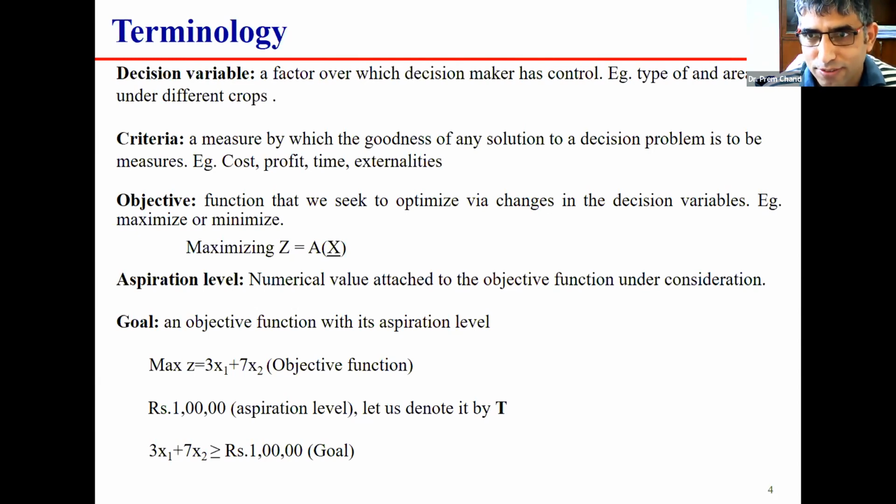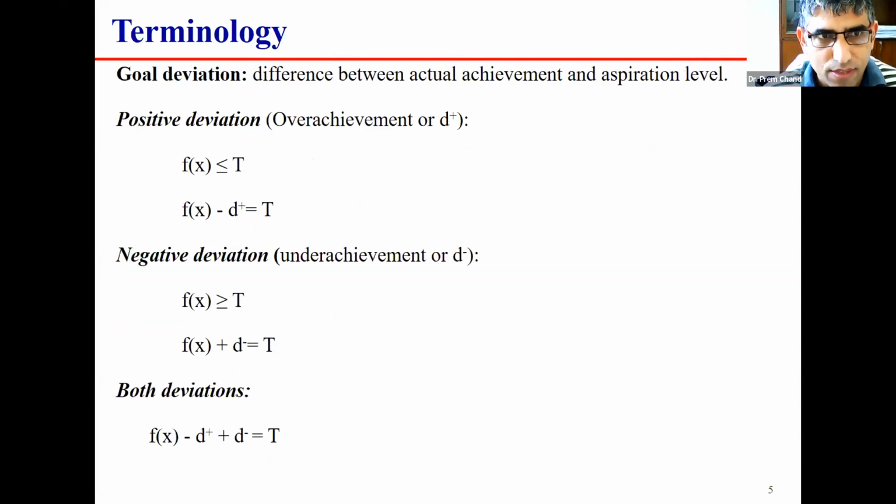But how to solve this? Because the computer doesn't understand any inequalities, we have to express it in the form of equations. And expressing it in the form of equations is called formulation of the problem. Then come the goal deviations. If we underachieve, we are deviating.